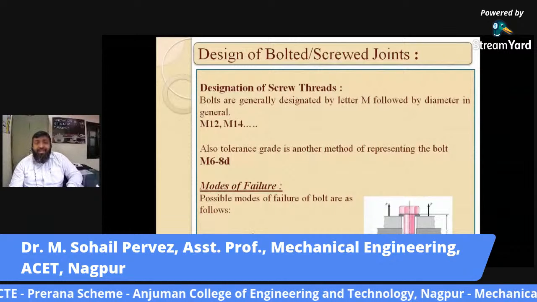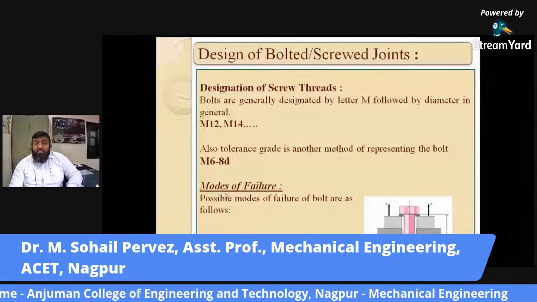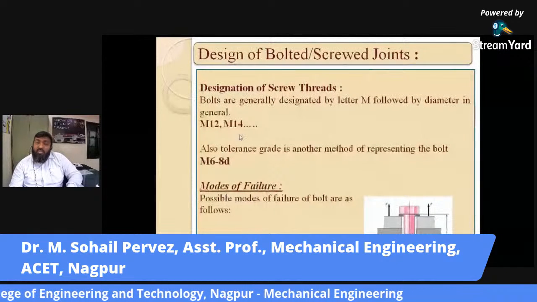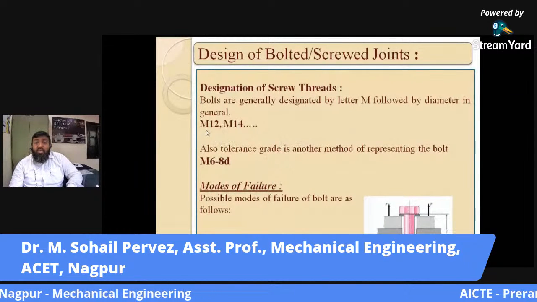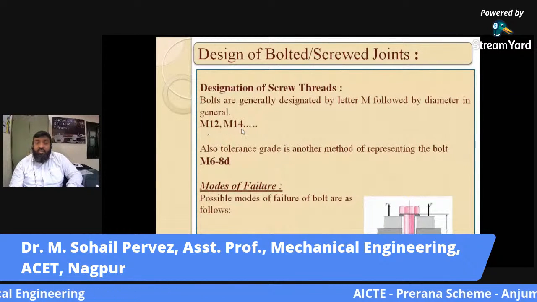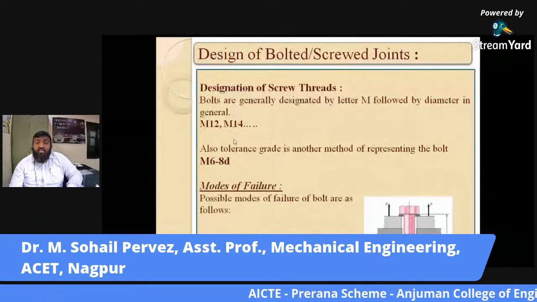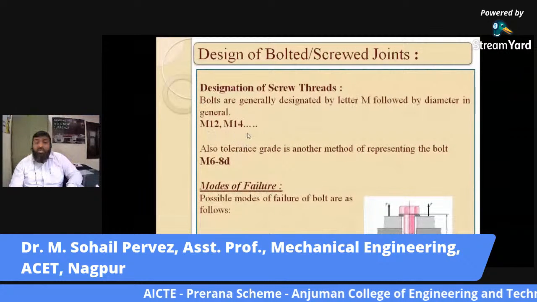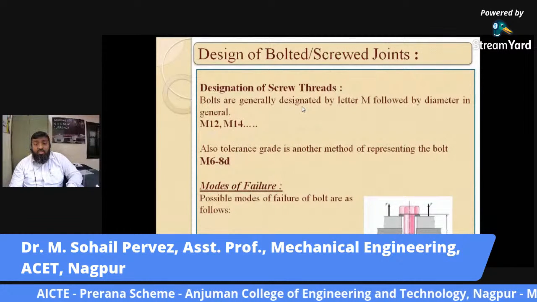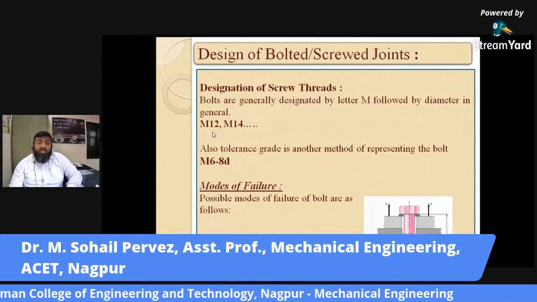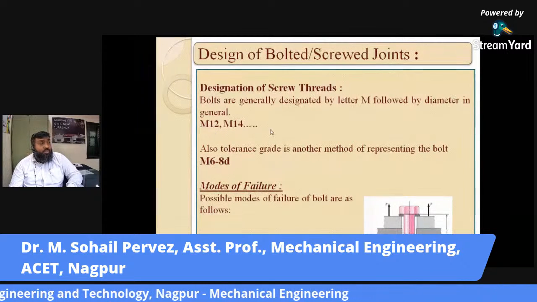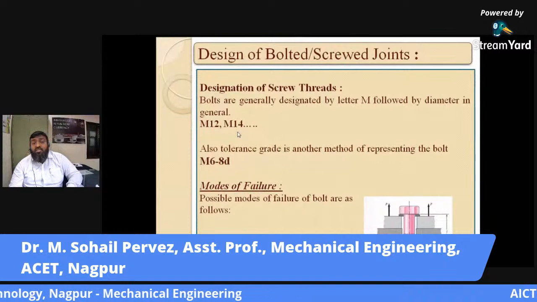He will give you a 10 mm diameter bolt, but if you say M12, M14, it is the correct technical designation of the diameter and the bolt. So bolts are generally designated by the letter M followed by the diameter: M12, M14, M20, M24.